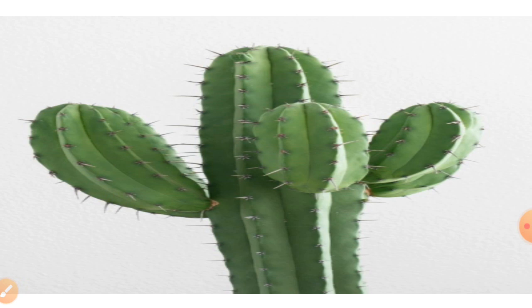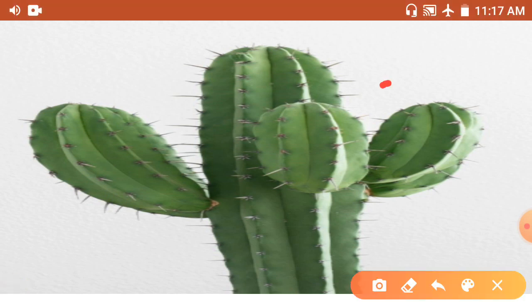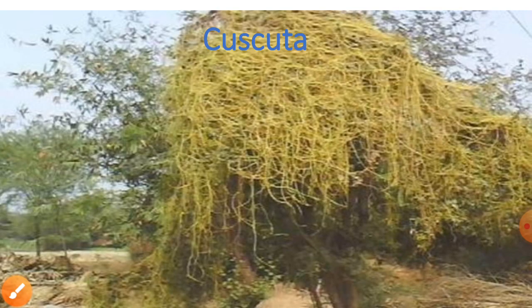Because the branches and stems of the plant can also undergo photosynthesis. The example is the cactus. Cactus does not have leaves, but it still survives because its stem prepares food, as the green part of the plant helps to make food for the plant. So cactus also prepares its food on its own.